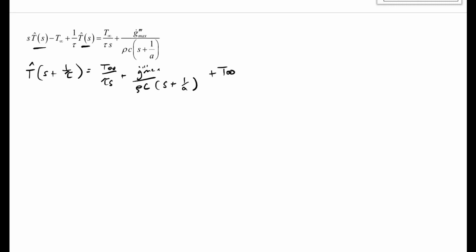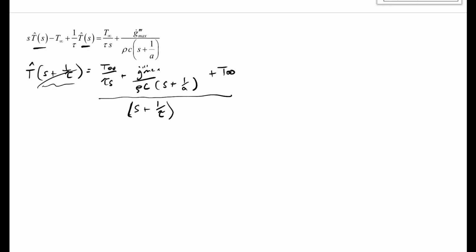Okay, so then we can divide through by the stuff multiplying T hat here. So we divide that through, and then we end up with everything over here divided by S plus 1 over tau. Right. So now we have an expression. We've actually just solved our equation for temperature in the S domain.